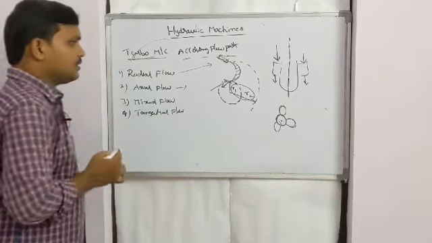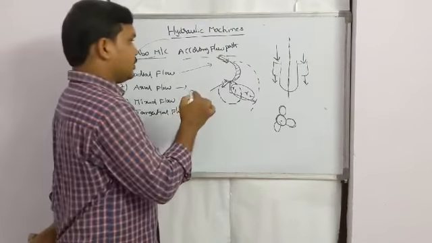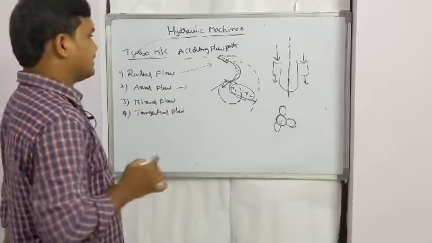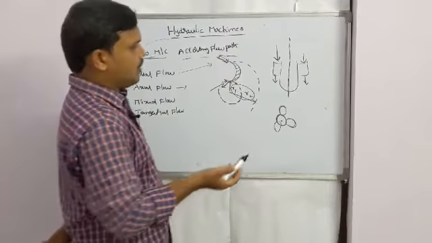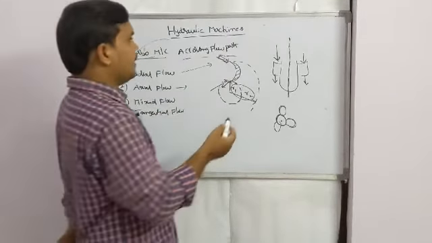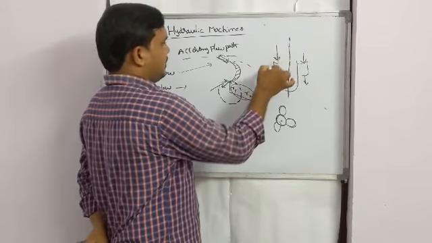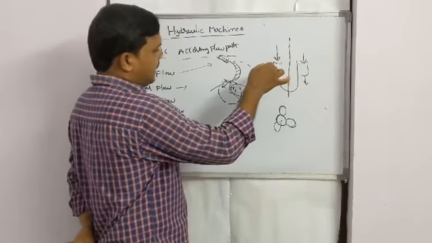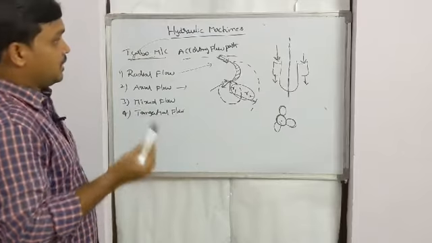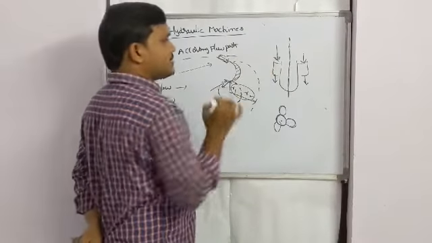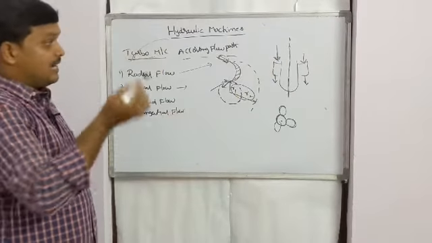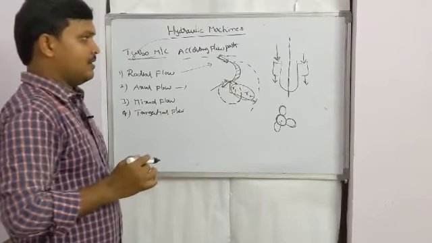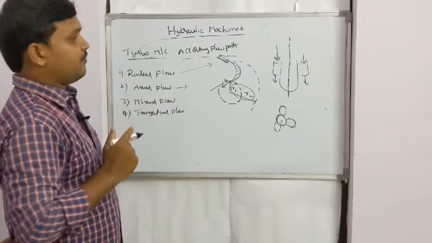Mixed flow means there are two different types of flow existing: the water or fluid enters as axial and leaves as radial, or otherwise enters as radial and leaves as axial.